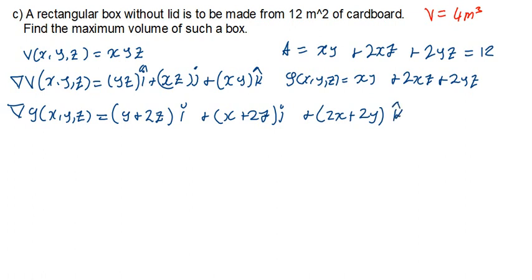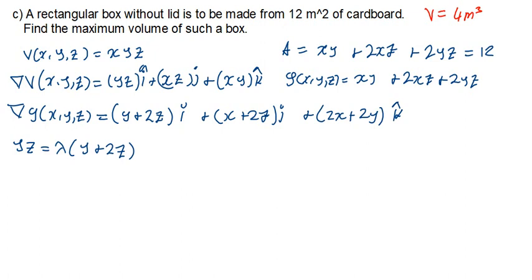Okay, so now when you try to compare these, equate this to this, of course, you are going to be multiplying by the lambda in this case, which is more like our multiplier. So you're going to have your yz equal to lambda times y plus 2z.